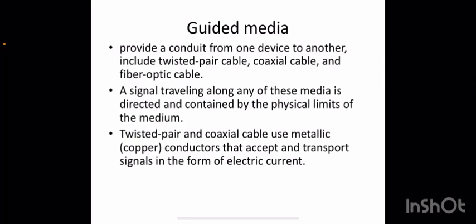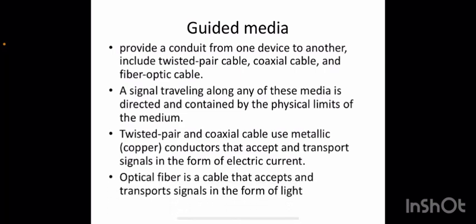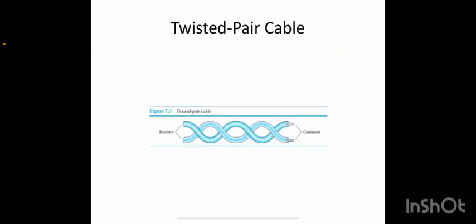In the case of these two cables, this signal is electric current. In the case of optical fiber, that is not the case. It accepts and transports signals in the form of light. So data is converted into a signal which is transmitted along the fiber optic cable in the form of light.